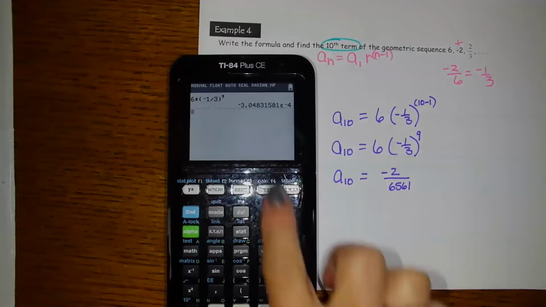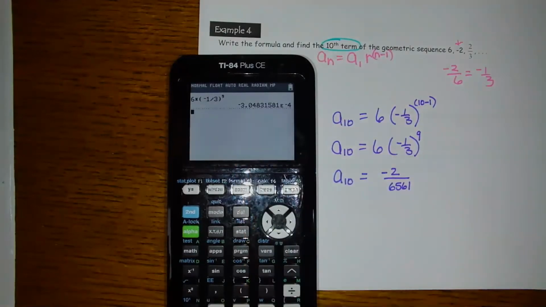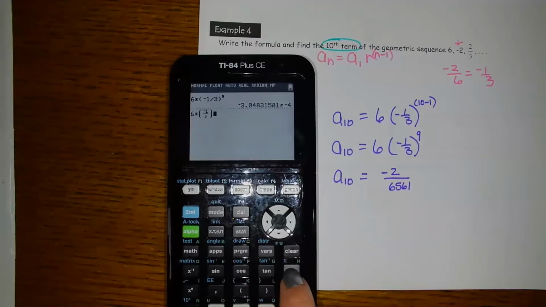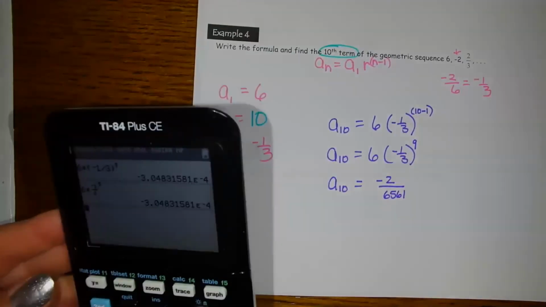You can put it in that way and you're going to get a decimal. If you put it in this way, it should give you a fraction.